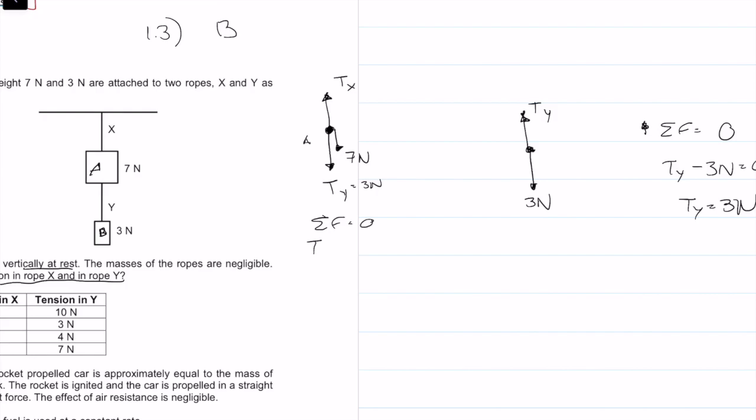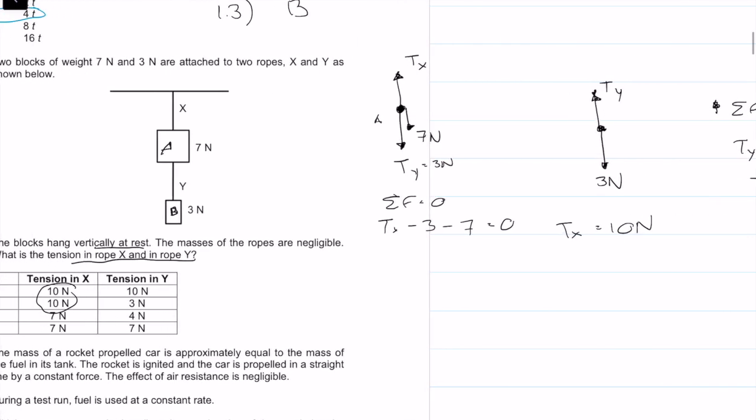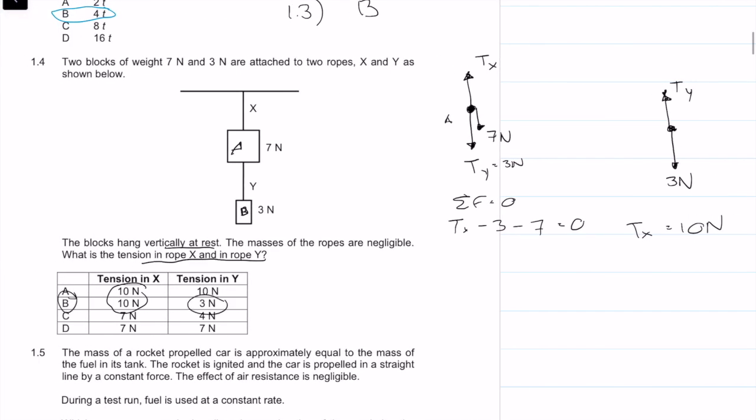So Tx minus 3 newtons minus 7 newtons is equal to 0. So Tx is equal to 10 newtons, and Ty is equal to 3. So our answer is B. Question 1.4, the answer is B.